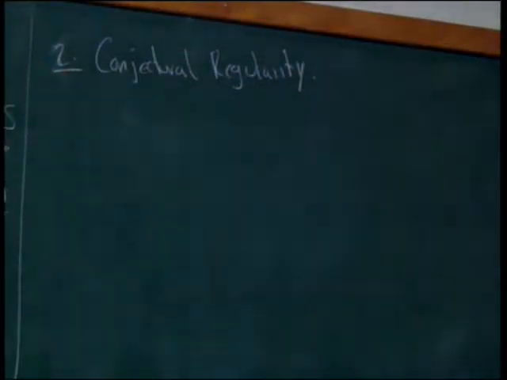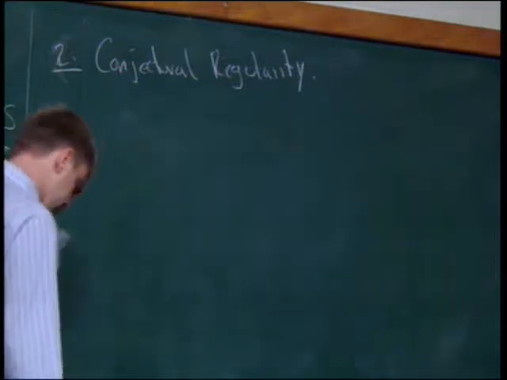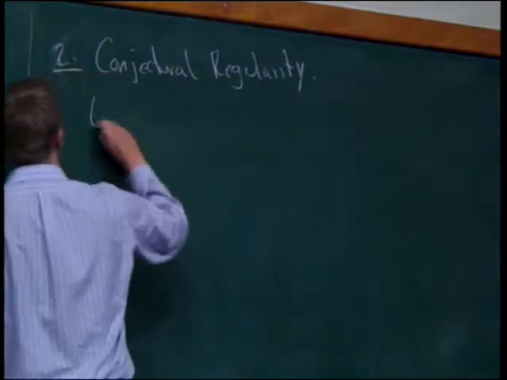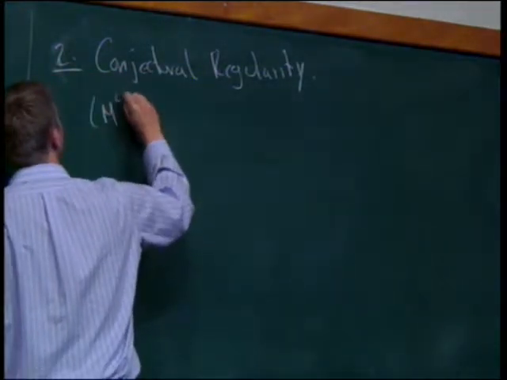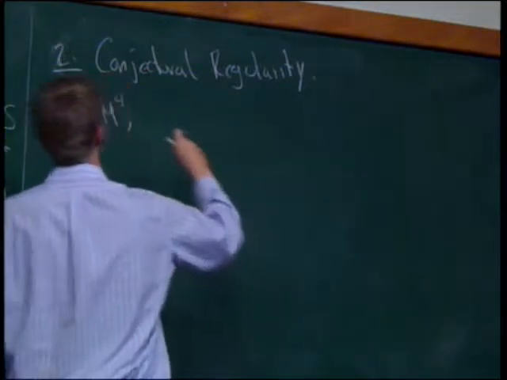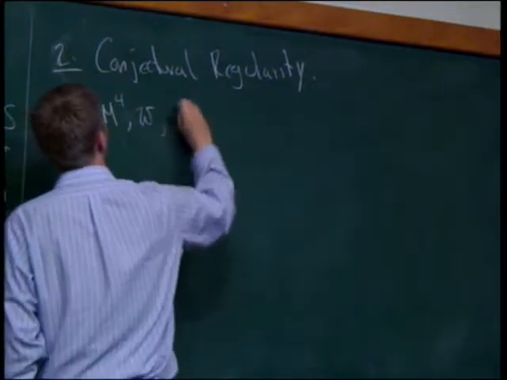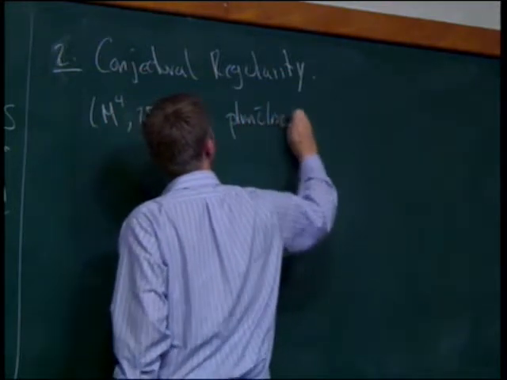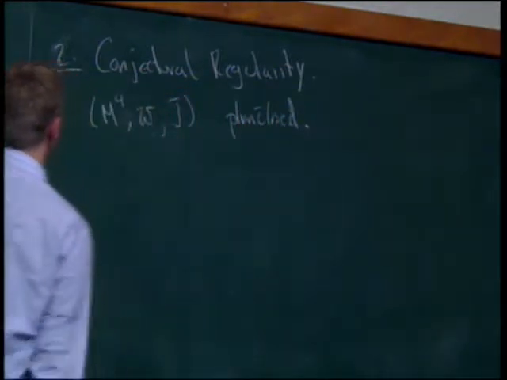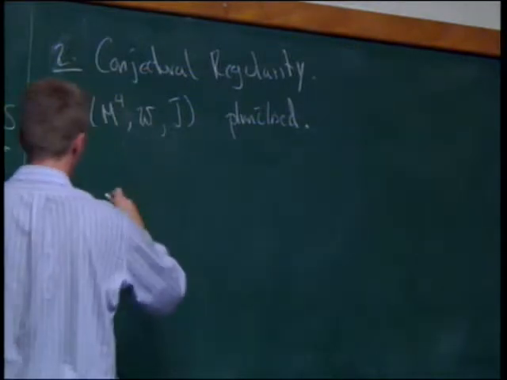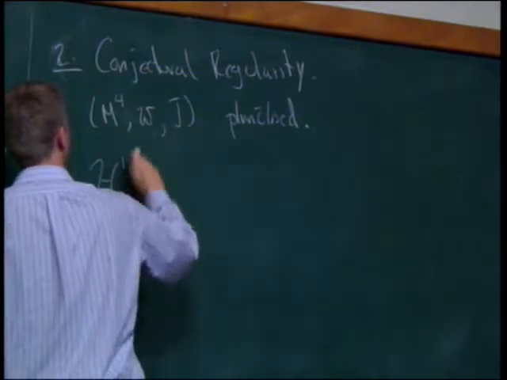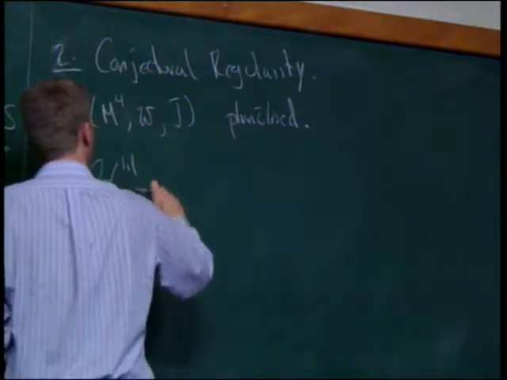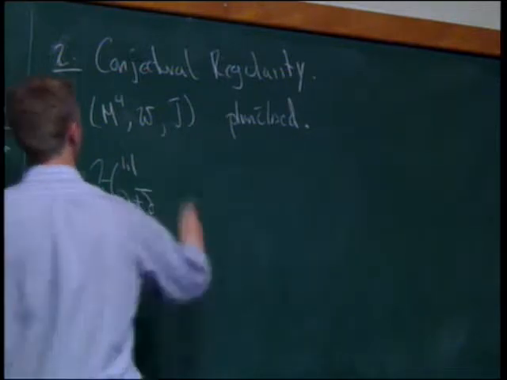Okay, so let me define, let's just maybe restrict to surfaces, although most of the discussion is general. I've got (M^4, omega, J) pluriclosed. And I can define the following cohomology group, which I call H^{1,1}_{del plus del bar}.